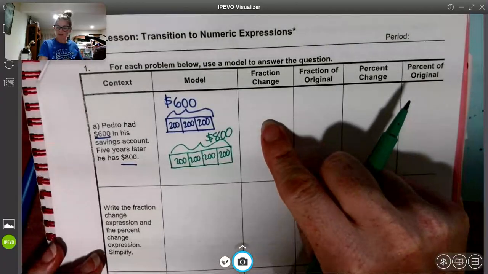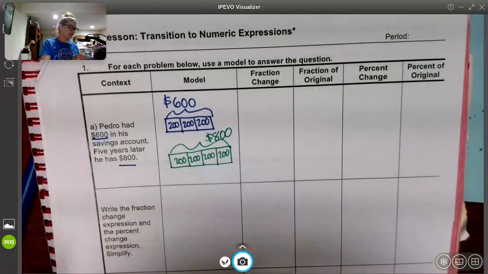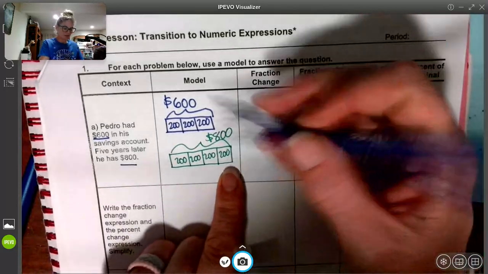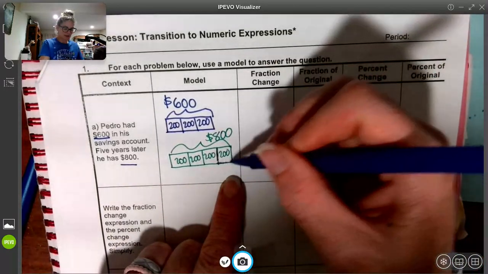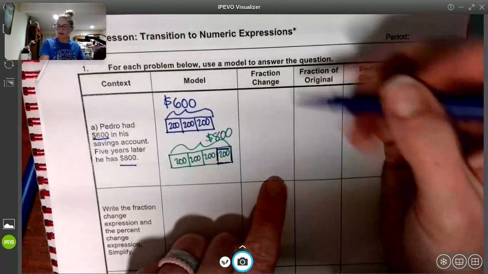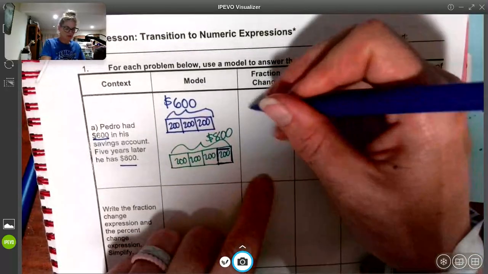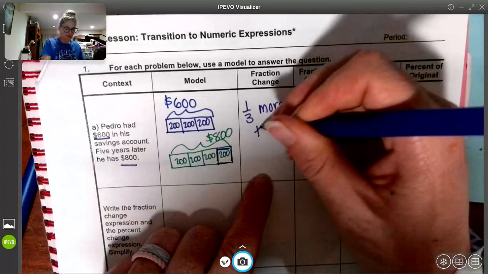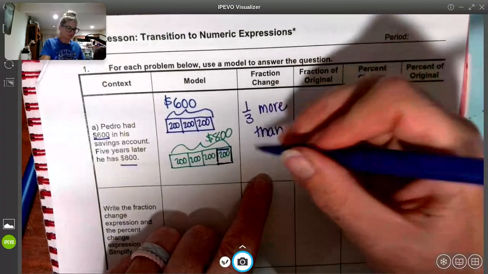So our fraction change, what is the change from 600 to 800? Well, this is the amount of change right here. So 800 is 1/3 more than the original.